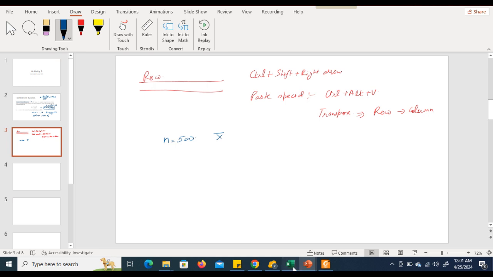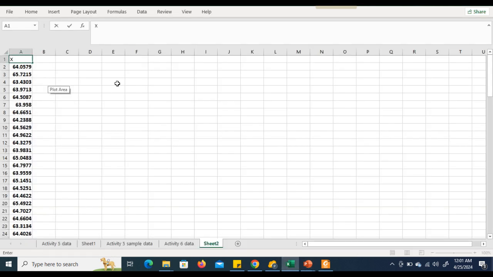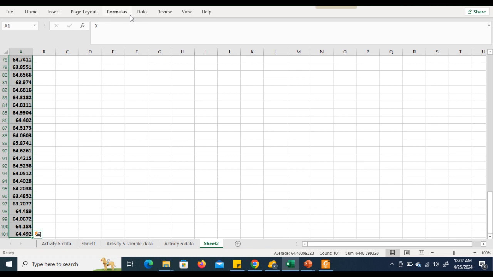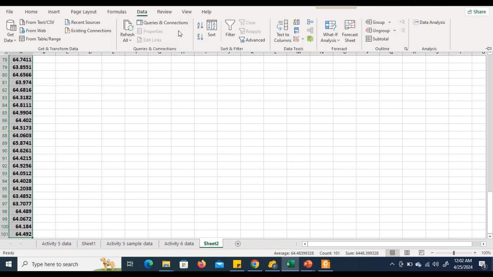To calculate the probability, like the previous activity, we have to draw the normal probability for the same, but in this case the data is given in a discrete form. If we want to calculate the maximum or the minimum value, I am first going to sort this data in increasing or decreasing order.